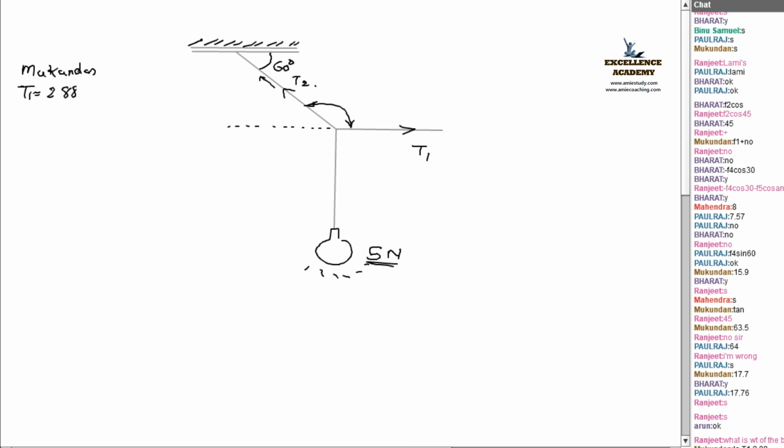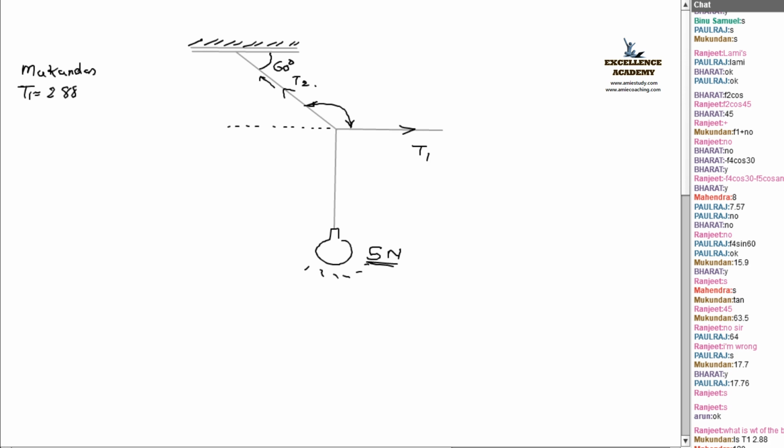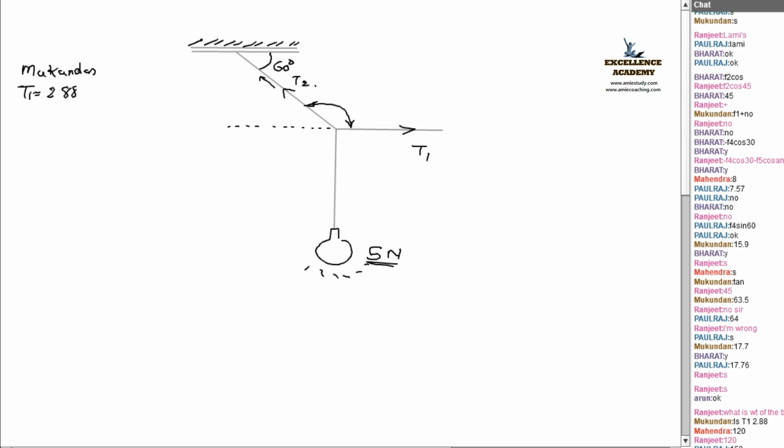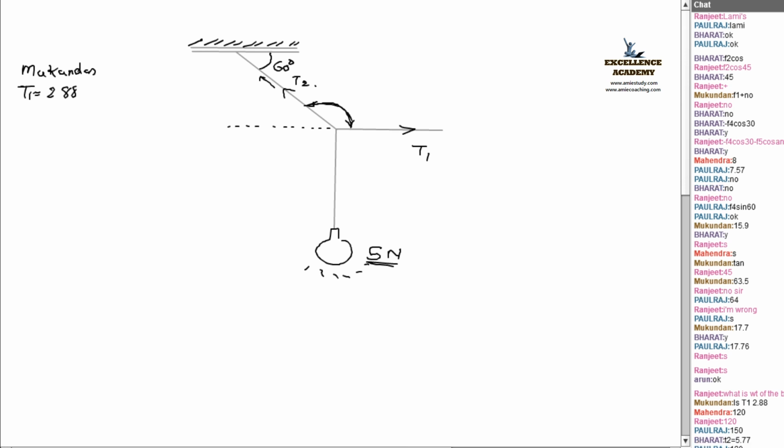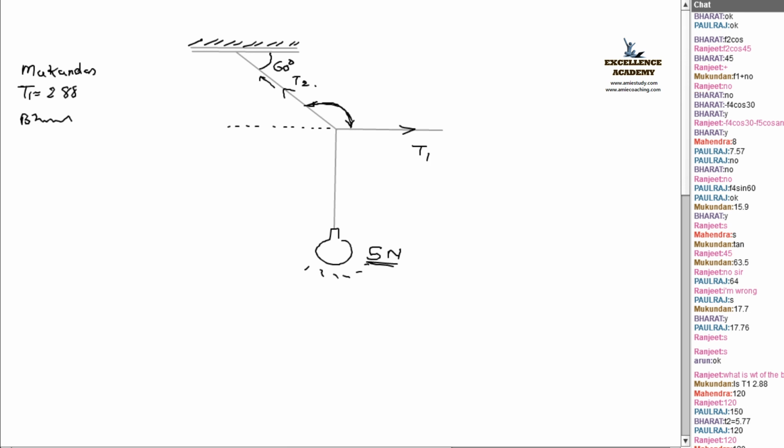Can all of you give me this angle? Okay, Polraj, Denjit, and Mahendra are saying it is 120. Let us check. Say 60 degrees this one. That means what about this angle?